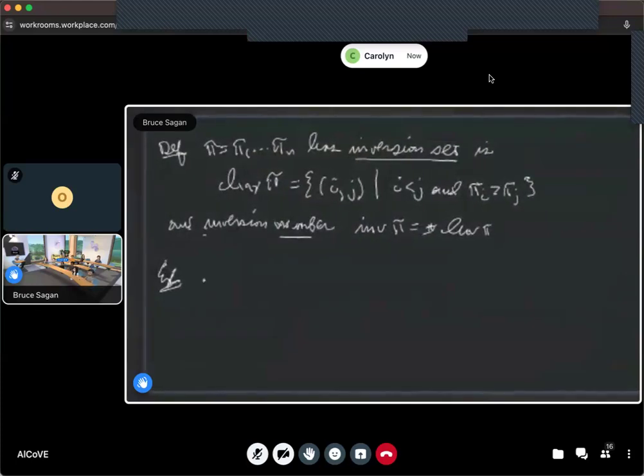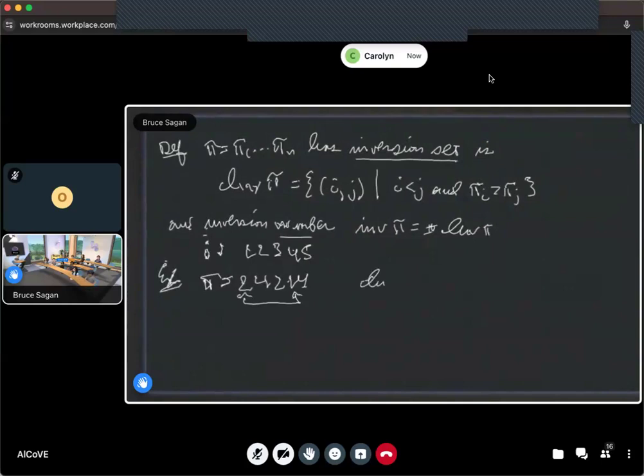Suppose we had pi being the permutation 2, 4, 2, 1, 4. And I'm going to put the indices up above just so that we know what they are: 1, 2, 3, 4, 5. So where are the out of order pairs? Well, the 2 and the 1 are out of order.